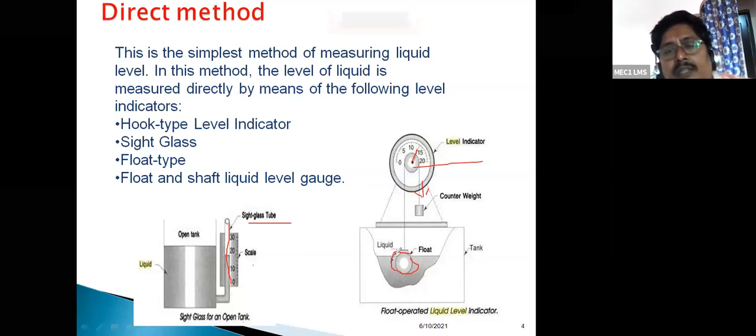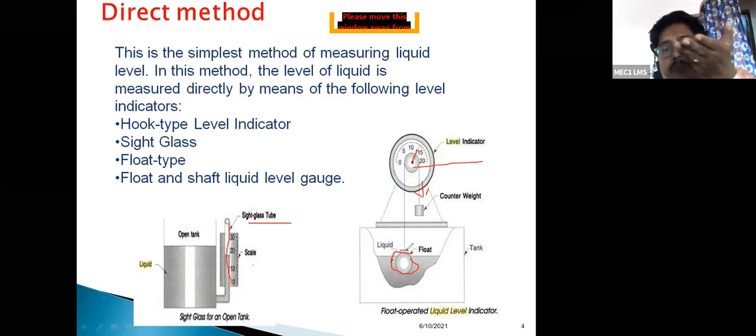Right. So here, it consists of a rope. At one end of the rope we are attaching a bob or a float, and at the other end we are placing a counterweight to make the rope tight, which is rolling on the pulley. When the level in the tank rises, the bob also rises up, and the counterweight moves down.